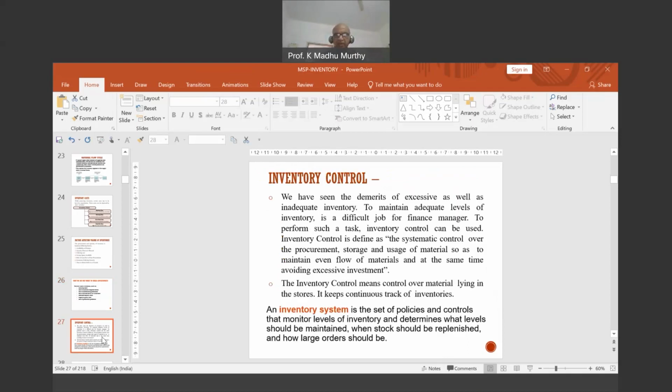So these are some of the disadvantages of having excess or less inventory. So we realize that we have to maintain some optimal levels, if not, the adequate levels of inventory.